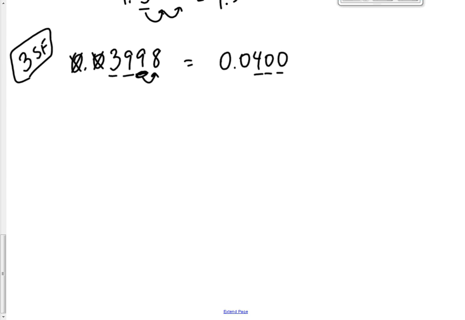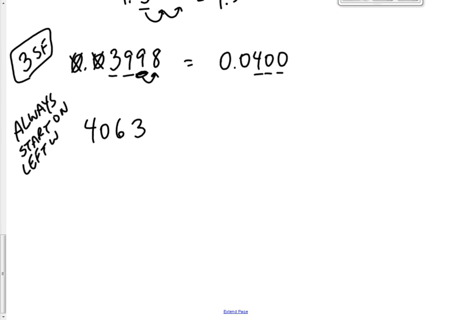So let's do another one, 4,063, let's say again that we wanted 3 significant digits. So again, we always start on the left when we're rounding. Always start on the left. So we're going to count to our third significant digit. So it's 1, 2, 3 right there.